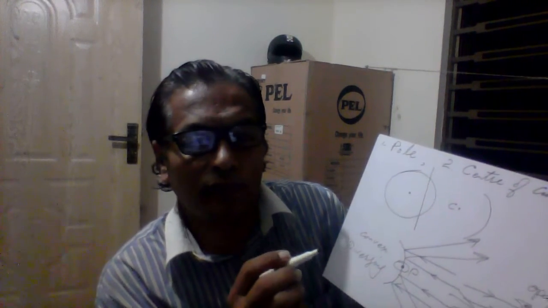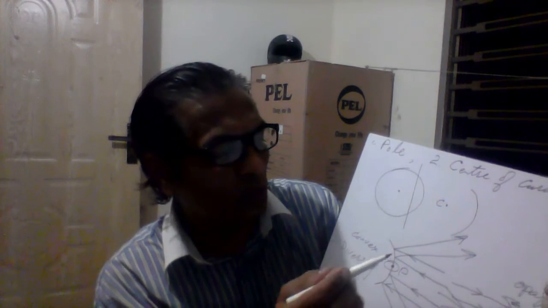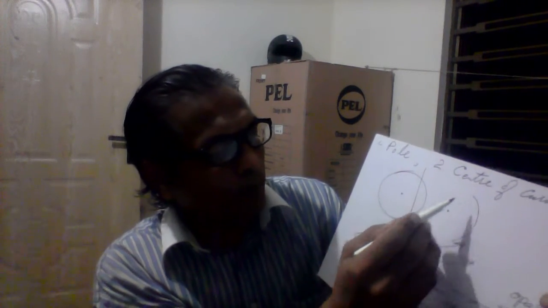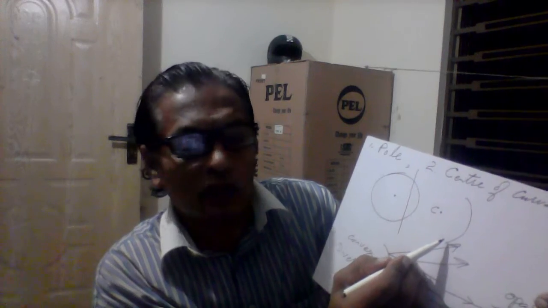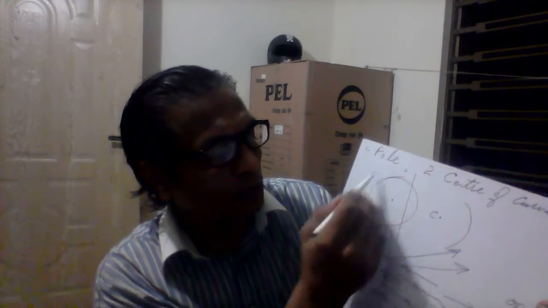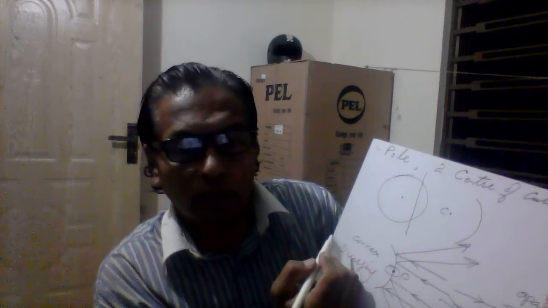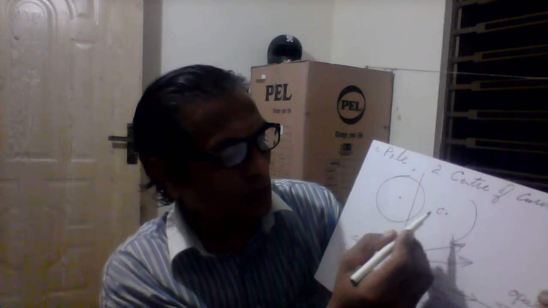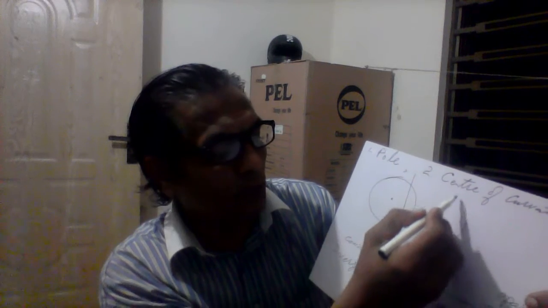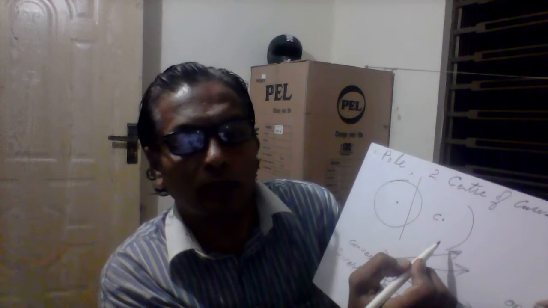So how will we define it? We will define it in this way: the spherical mirror is part of a hollow sphere, and the center of that hollow sphere becomes center of curvature for a spherical mirror.